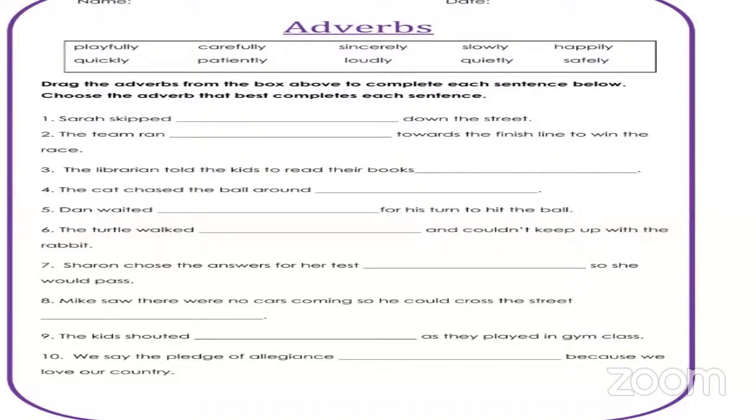Right? So try to write down the complete sentence while filling the blanks.